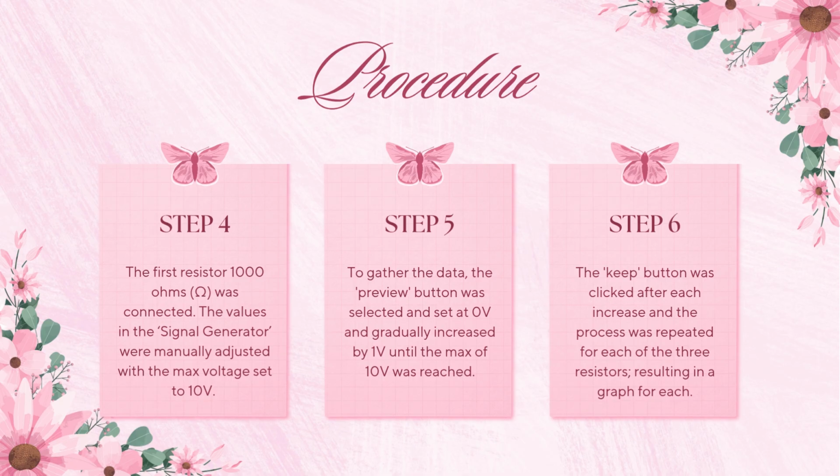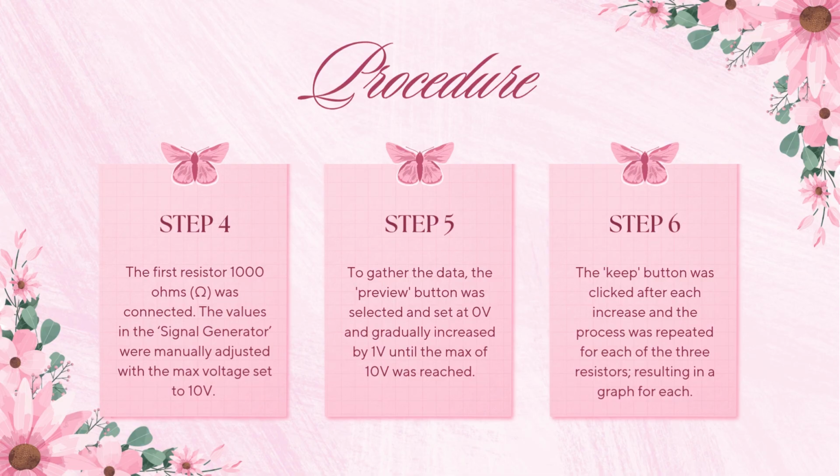For step 4, the first resistor, which was 1000 ohms, was connected and the values in the signal generator were manually adjusted with the max voltage set to 10V.